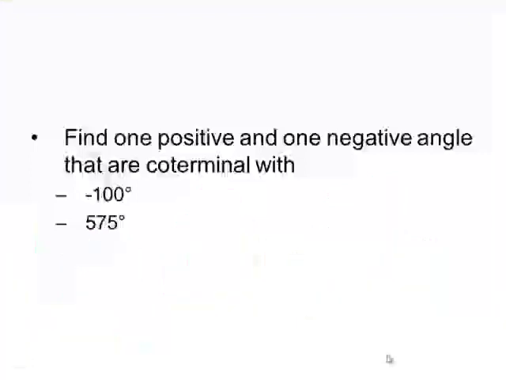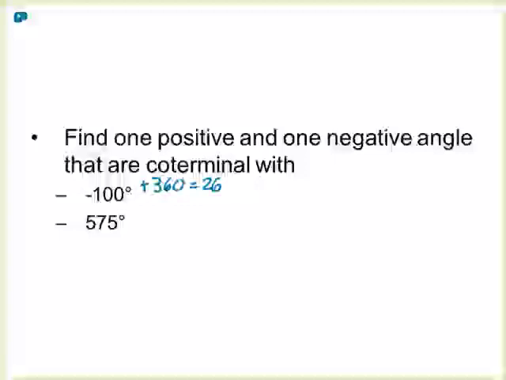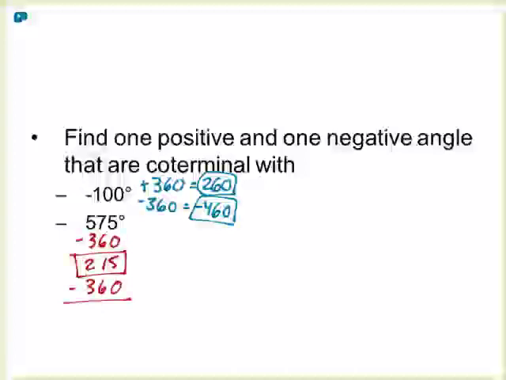Go ahead and try the next two. For negative 100, if I add 360, I get positive 260, so it'd be a positive answer. If I subtract 360, that would be my negative solution. For 575, larger than one circle, I'm going to subtract and subtract again for a negative solution.